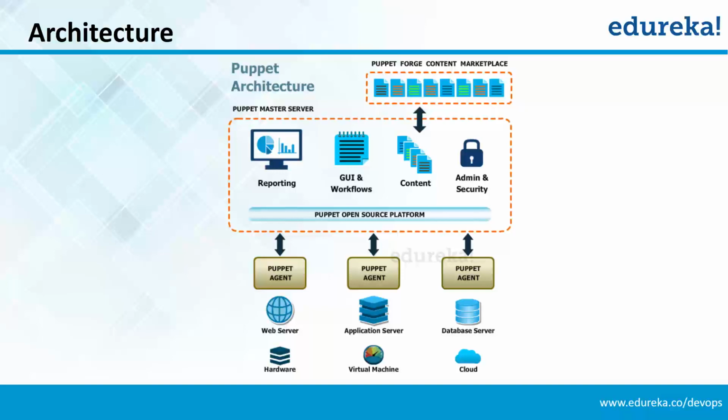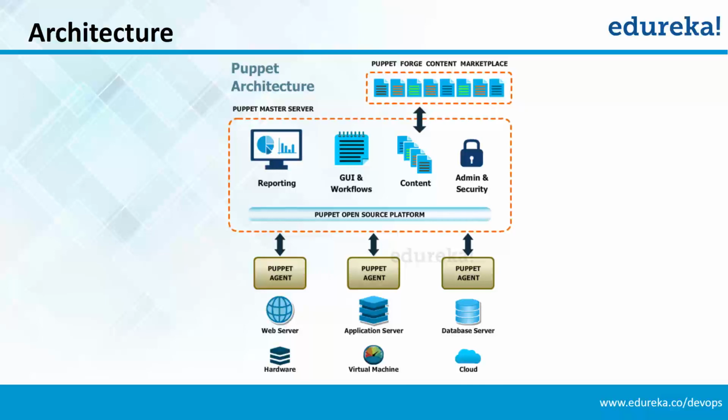Now, the master server basically controls all the content to be pushed to the agents. The agents are the machines on which the client code is going to actually run.